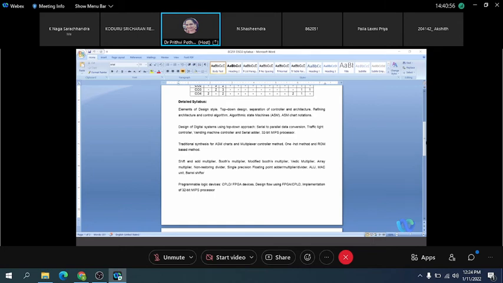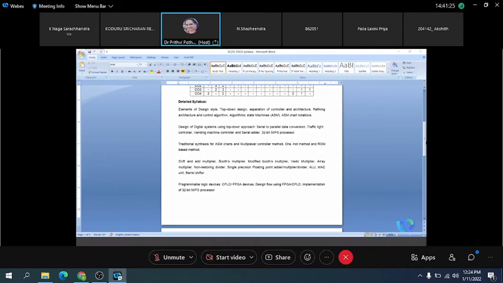Now this controller portion, which controls the hardware, is nothing but your ASMs, the algorithmic state machines. That comes in your first chapter itself. Top-down approach, separation of controller and architecture, that's what I was telling till now. Architecture is your hardware.